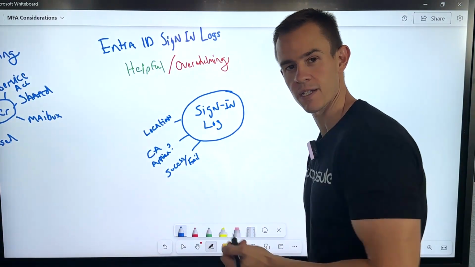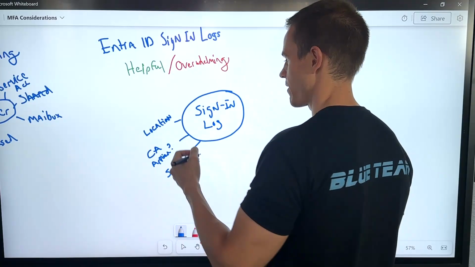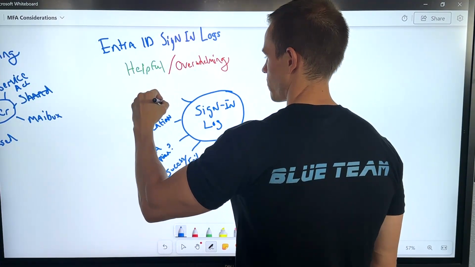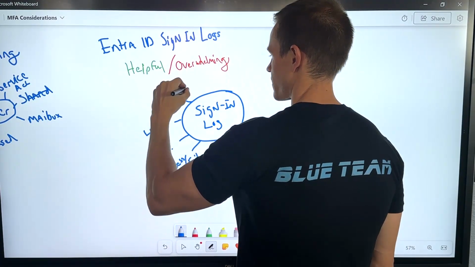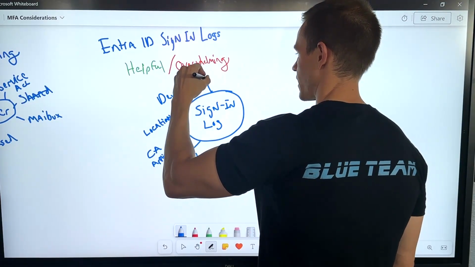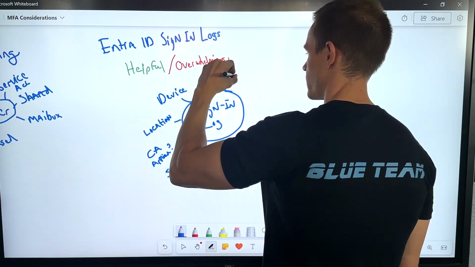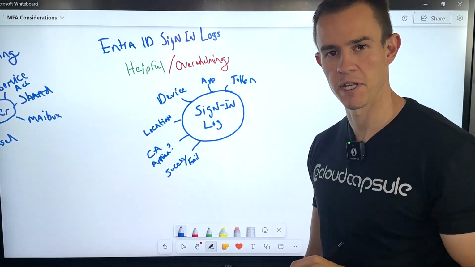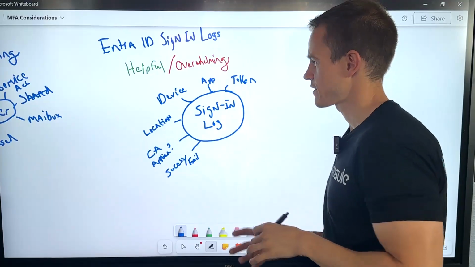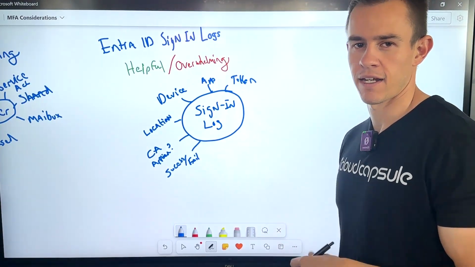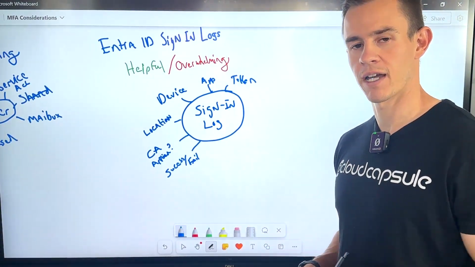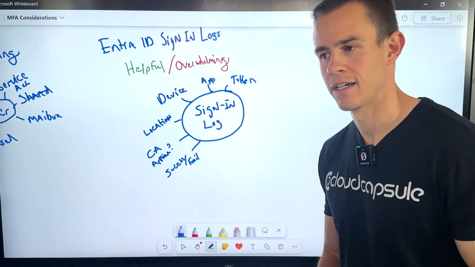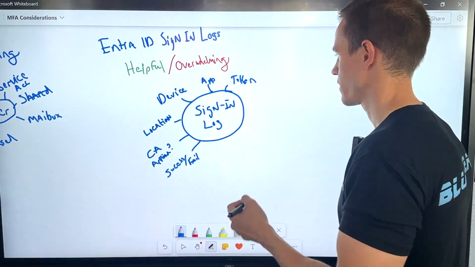Maybe that's the IP address, maybe it's the actual geographic location we have to take into account. What was the device the user was signing in from? What was the application the user was signing into? Were there tokens in use? We'll see that here in just a few minutes within the portal. We have concepts of primary refresh tokens that allow us to use a prior MFA grant to sign in, which can cause some inaccuracies in our reporting that you'll see in a couple of minutes.